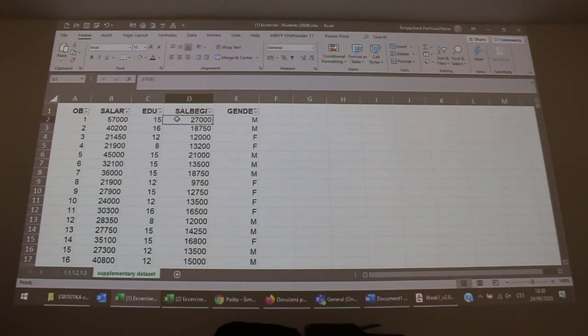The first person started with a wage of 27,000 Czech crowns, and in the future this person has 57,000 Czech crowns. So one type of salary, another type of salary, and gender. So you have 3 quantitative variables and 1 qualitative variable, gender.